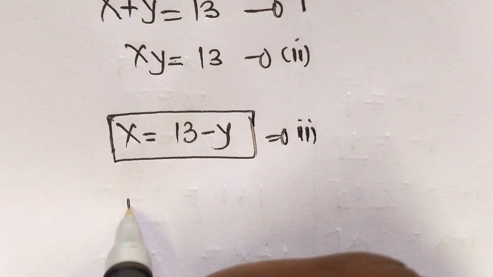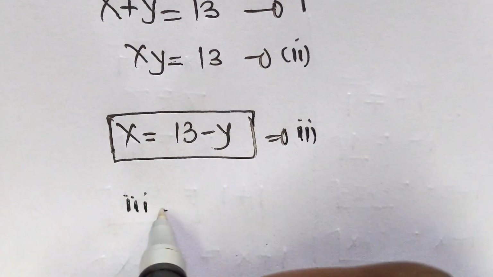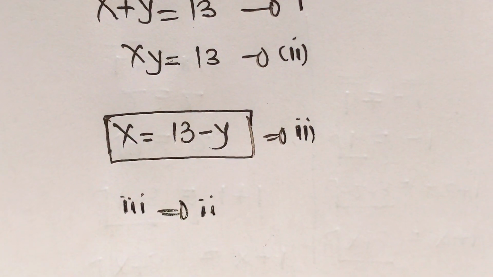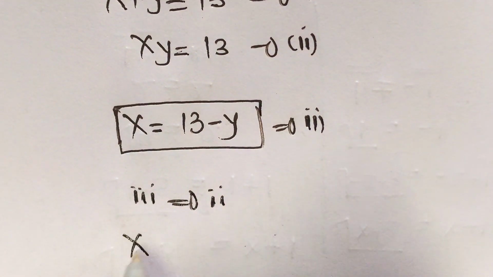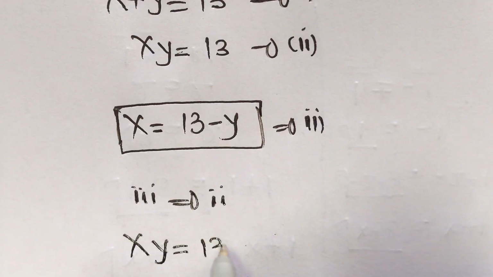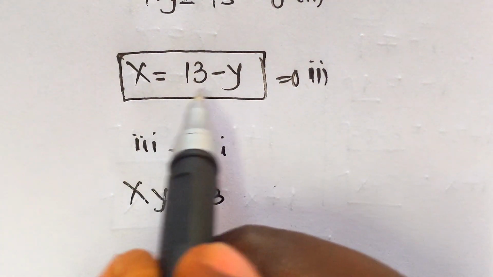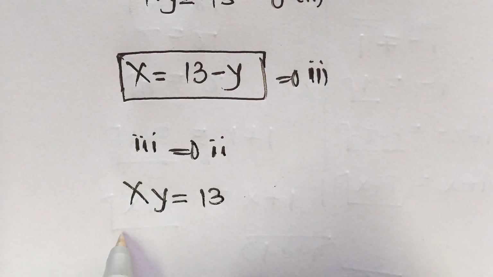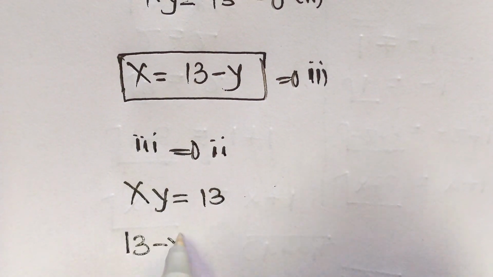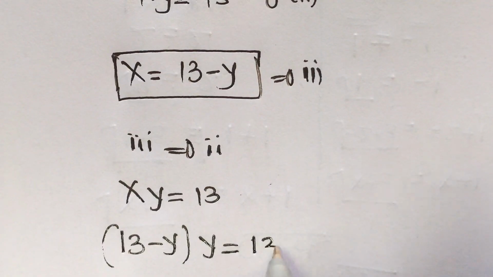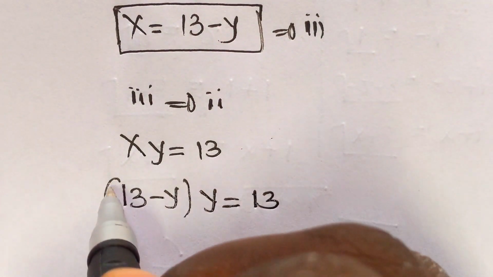Plugging equation 3 into equation 2, we have xy equal to 13, and x is equal to 13 minus y, then times y will be 13.